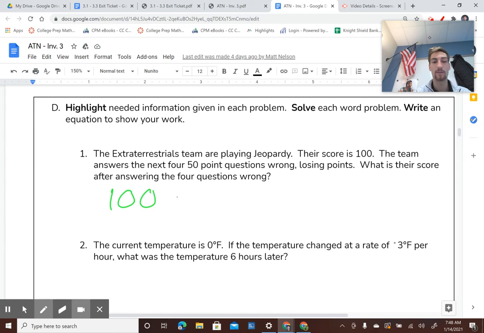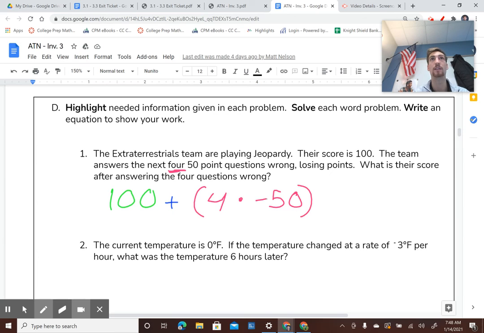So we are going to subtract 50. Actually, let's make this a multiplication problem so it sticks. So let's do 100 plus, and then here we say that they're answering 4 questions wrong, and for each question wrong that they answer, it's going to be negative 50.